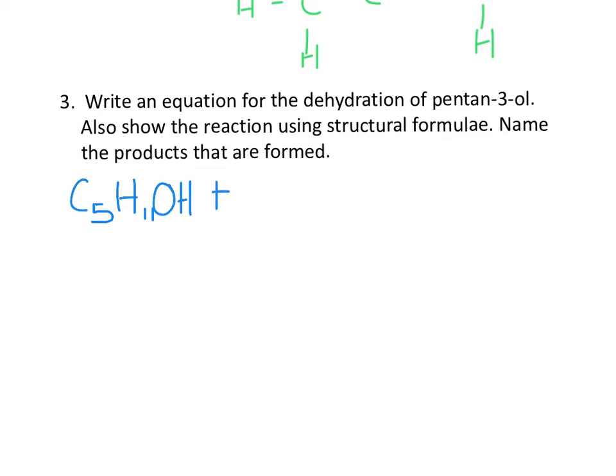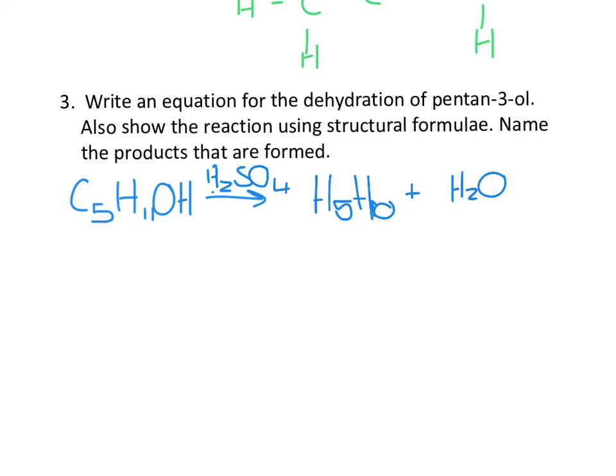General formula, I use CnH2n+1OH to get the formula for that. It's dehydration, so I know I'm going to add H2SO4. It's going to form pentene and water. Okay, but they want structural as well.